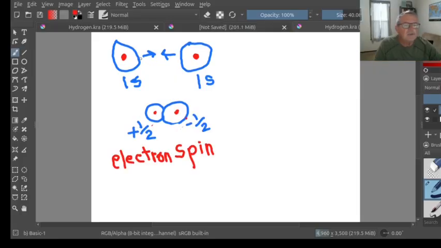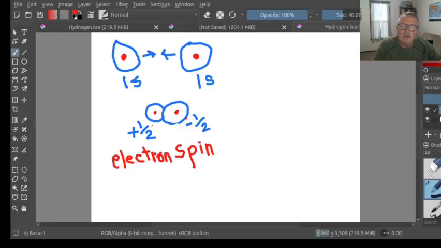It turns out that the energy of each of these is actually higher than if both of these are combined. So it's like they achieve a new level when they're attracted by two protons rather than one proton.